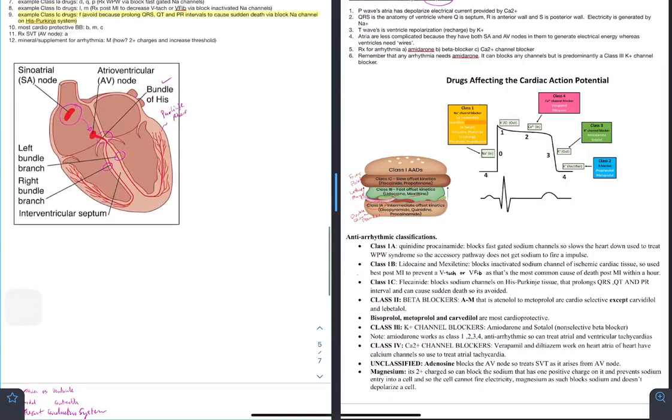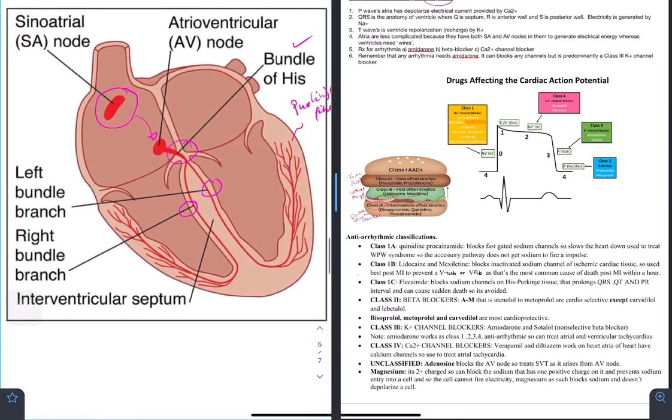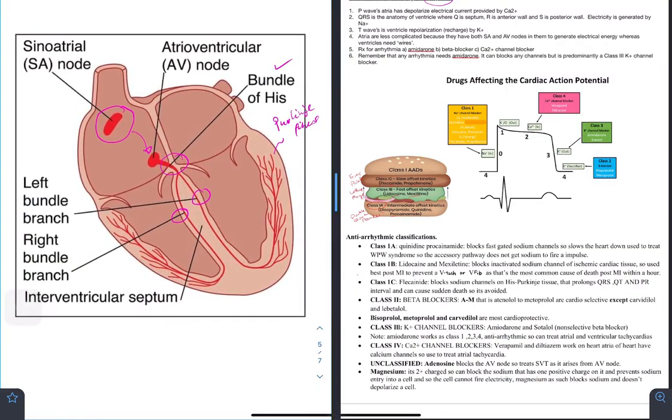We measure the electrical activity of the heart with a test or device called an EKG for short. A readout of the EKG would look like this.